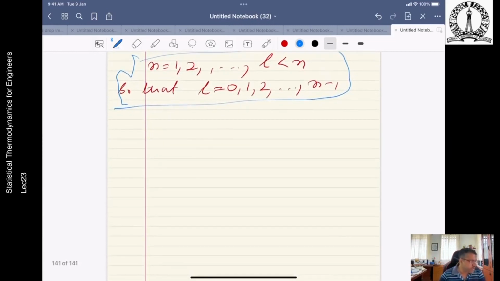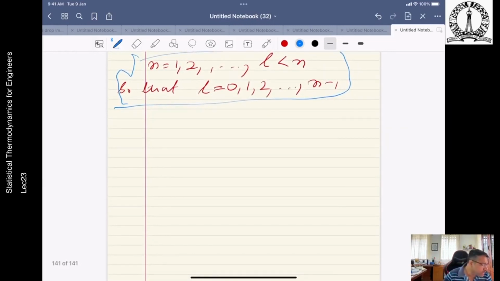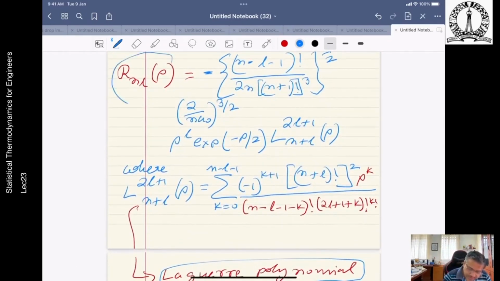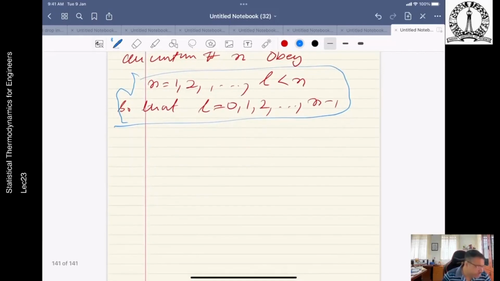Okay, so now let us look at the table. First, the associated Laguerre polynomial and the radial functions can be given as follows. This is the radial function.